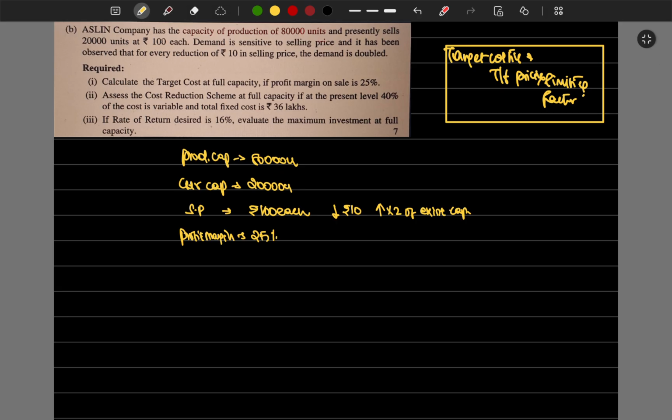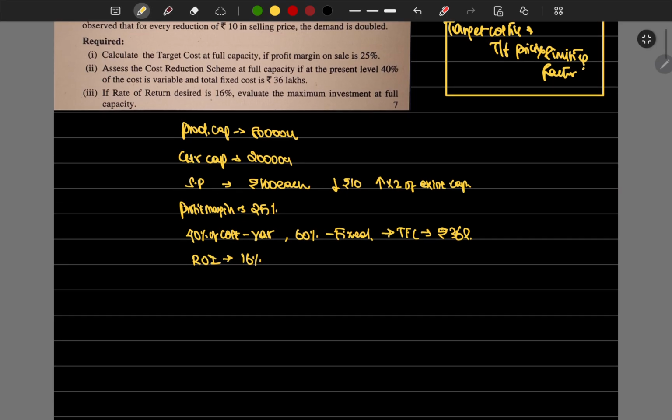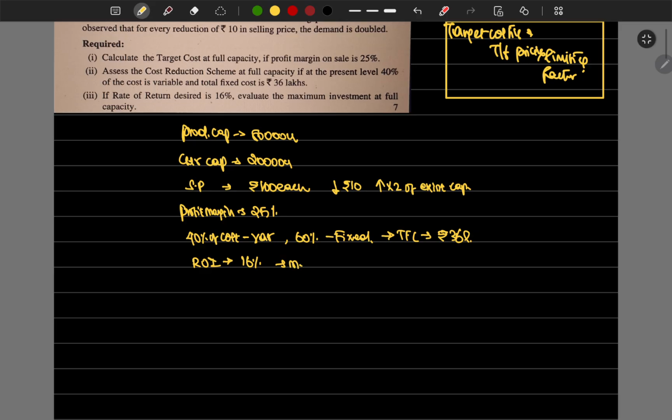If at the present level 40 percent of the cost is variable, then 40 percent variable, 60 percent fixed. Total fixed cost rupees 36 lakhs, and return on investment is 16 percent. We have to find out the maximum investment at full capacity.